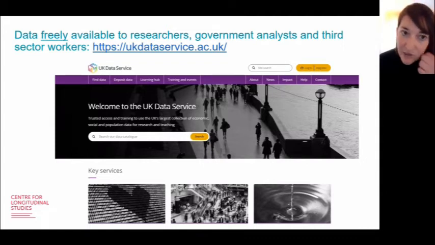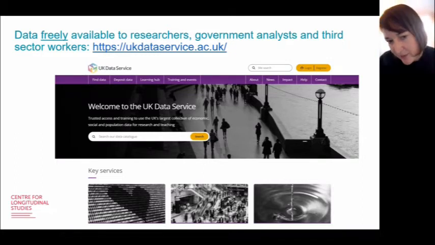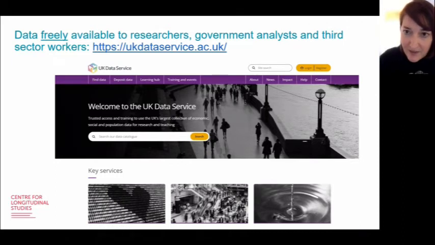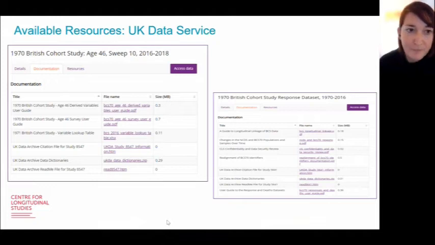So this is the landing page of the UKDS, and you can see that there's a search box inviting you to search the data catalogue, where you might type in British Cohort Study 1970 and see what comes up. If I just demonstrate, what will come up are screens like these, which include the available resources.